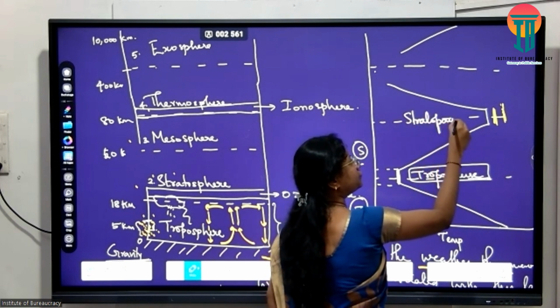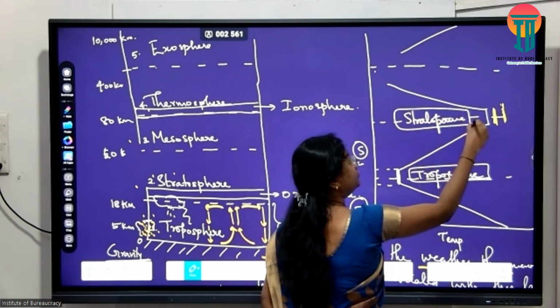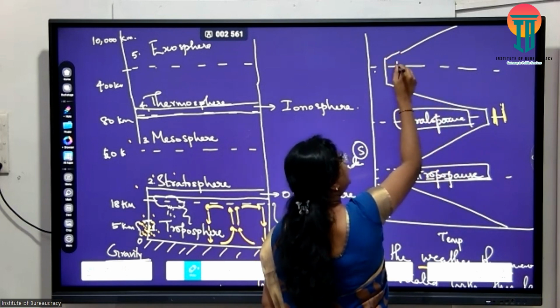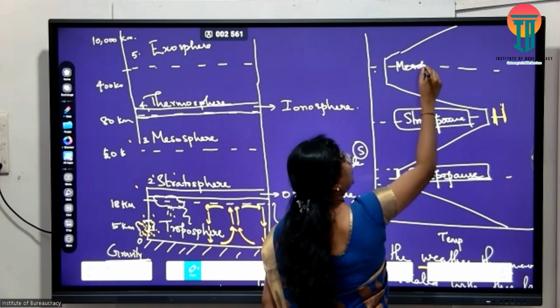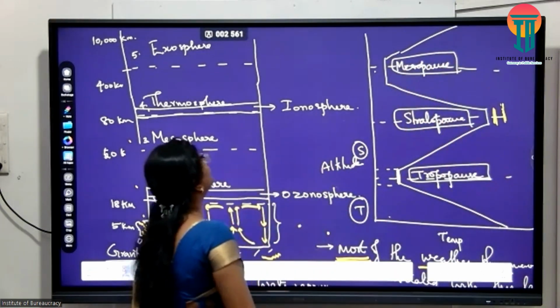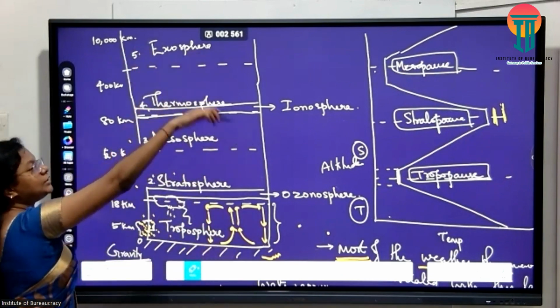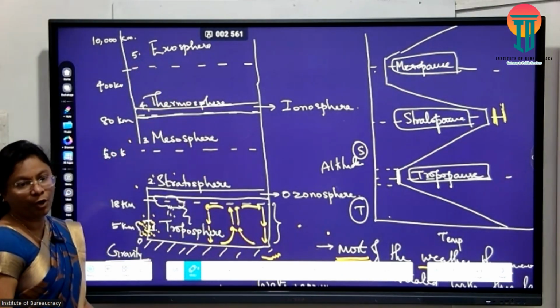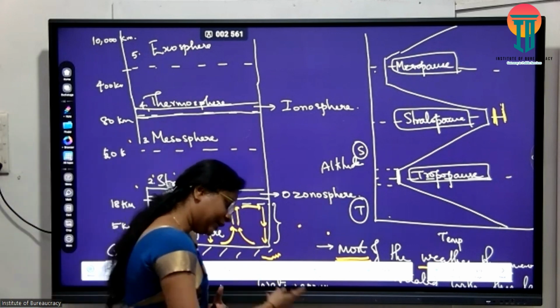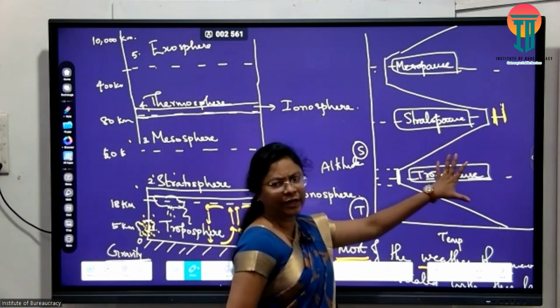stratopause. Then what happens here? This is where the zone where temperature remains constant. Mesopause. Further மேல போனா there is your thermopause. So இதுல further we all have to know இந்த mechanism தெரியணும்.